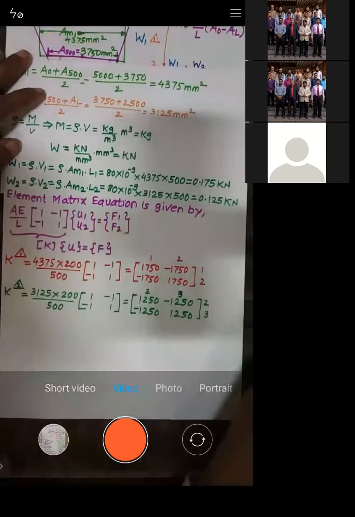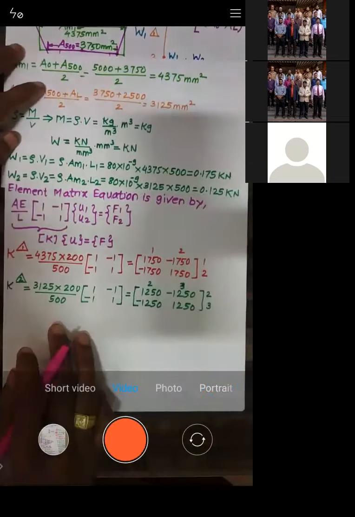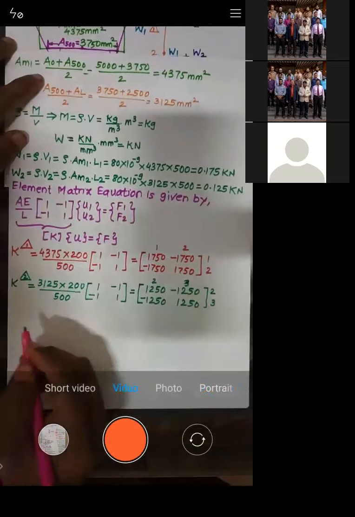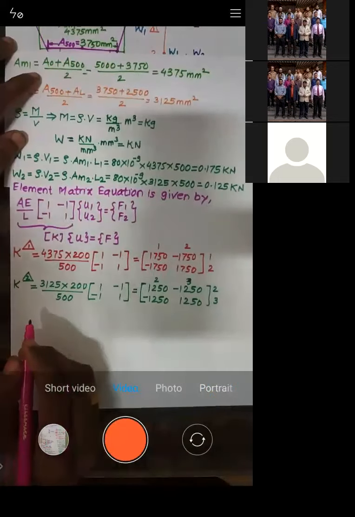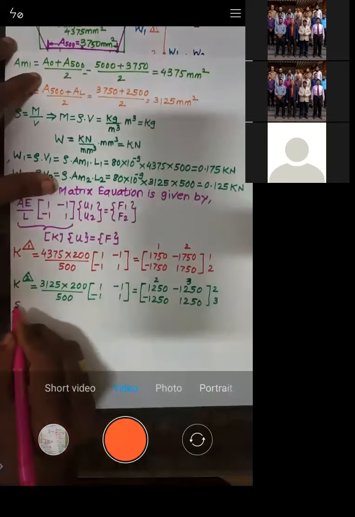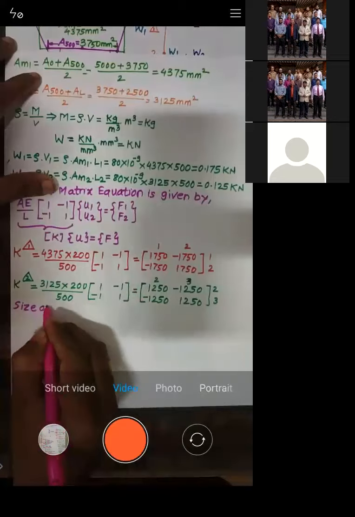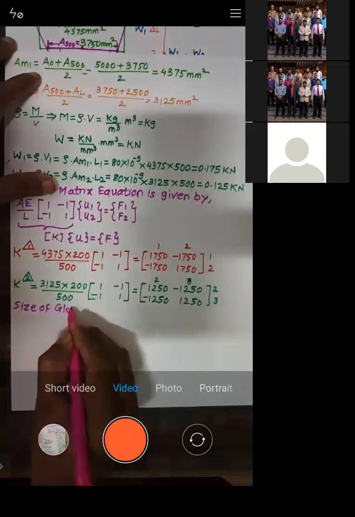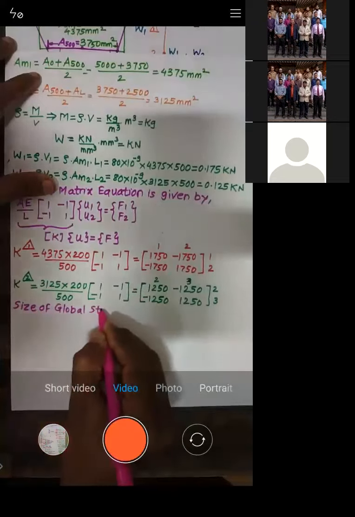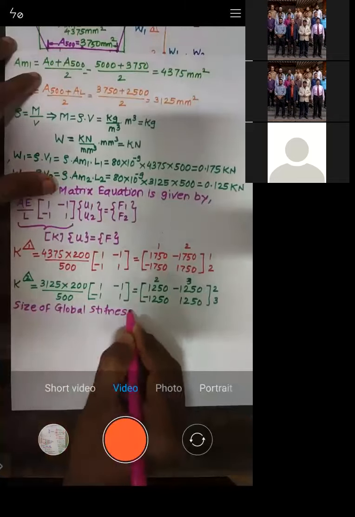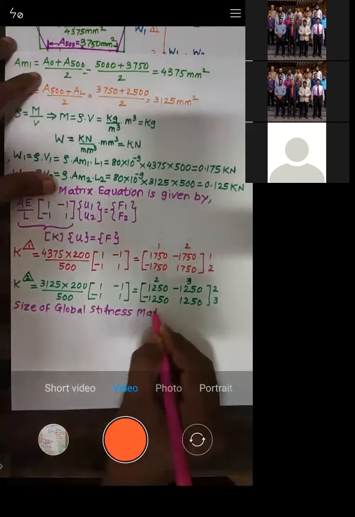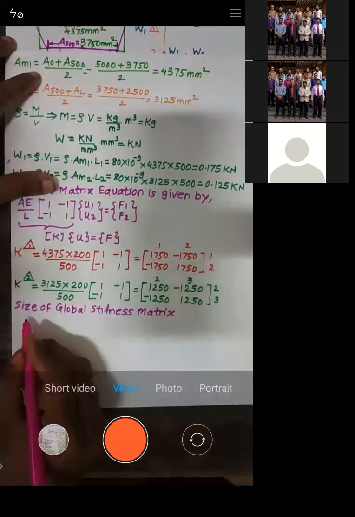Now we have the element stiffness matrices. Our next step is to go for the global stiffness matrix. For that we need to determine what is the size of the global stiffness matrix.